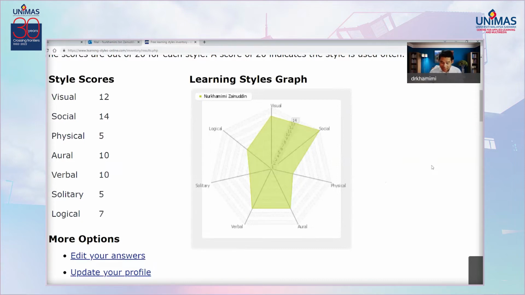But from here, actually visual learners should be in front and auditory learners at the back, because auditory learners can hear very loud. They don't even need to look closely at the lecturer.